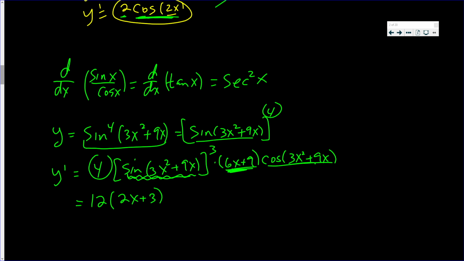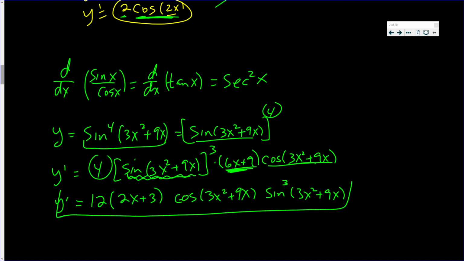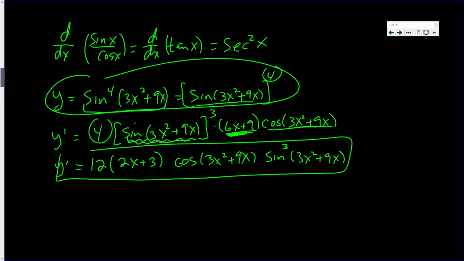Then I'll write this next: the cosine of 3x squared plus 9x. Then I'll write the term being raised to the power last: the sine of 3x squared plus 9x, all cubed, so it's customary to put the cube there. And there is the derivative of this function right there.